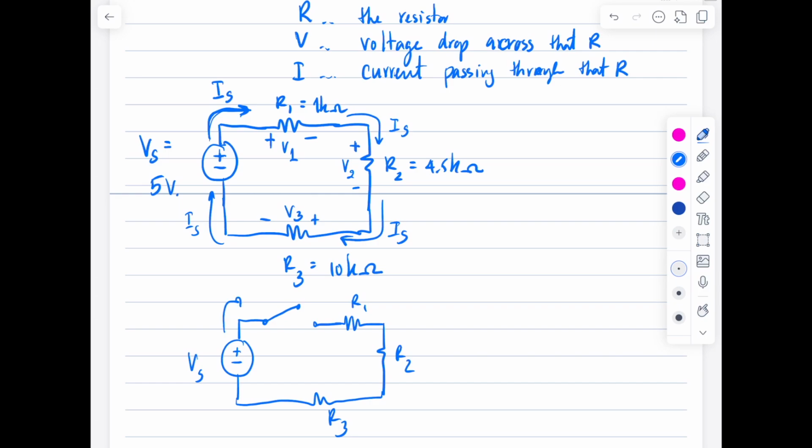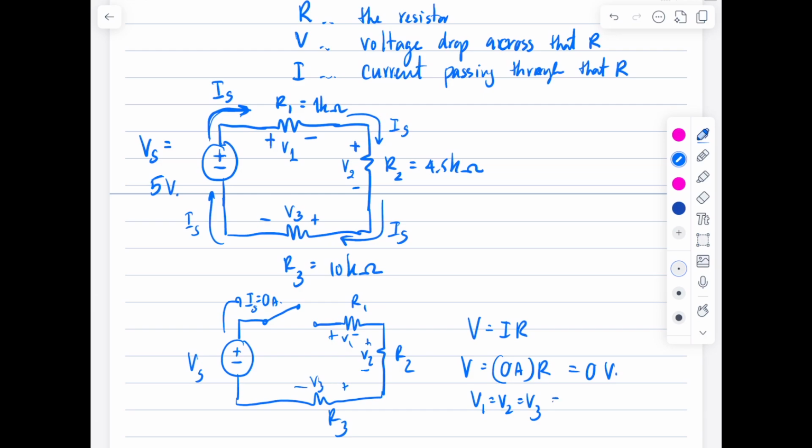So therefore, in this case, the current is equal to 0 amperes. When there is no current, there is no voltage drop across R1, R2, or R3 because V equal to IR. So if I is equal to 0 amperes, no matter what R is, it will become 0 volt. So therefore, all these V1, V2, V3 will be equal to 0 in this case.